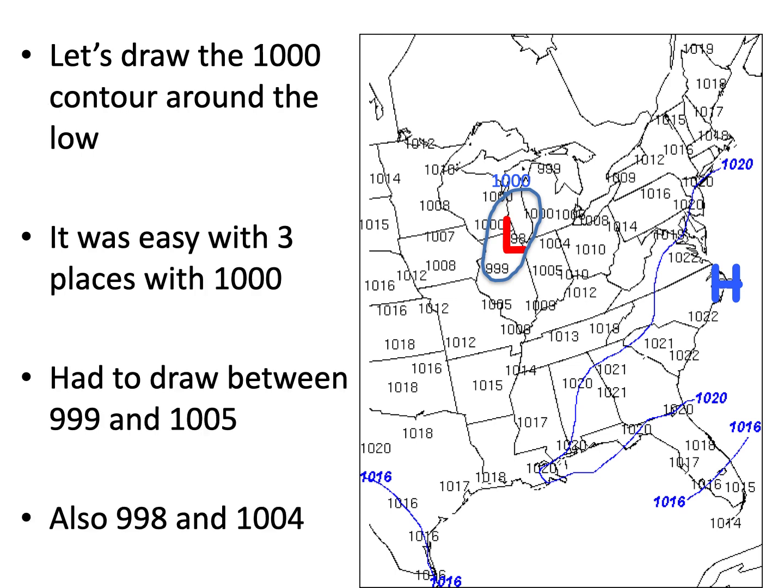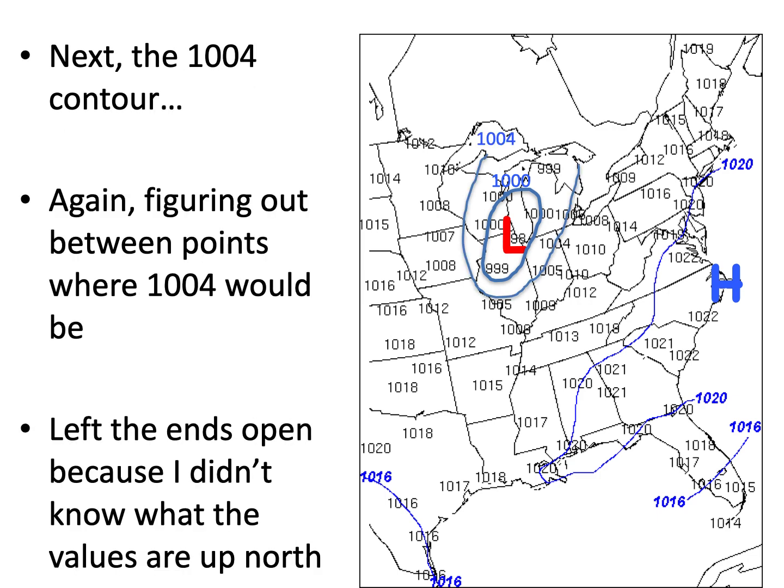Next one is we want to draw the 1004. And that one would go like this. Again, I'm kind of eyeballing between the 1,000 and the 1,007. It's going to be close to the 1005 down in St. Louis. There's a 1004 here in northern Indiana. But then notice in this instance, I actually leave the contours open.